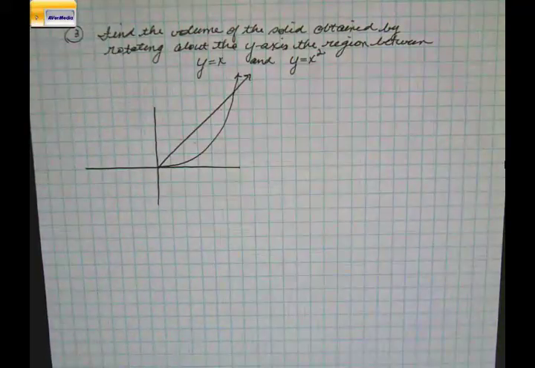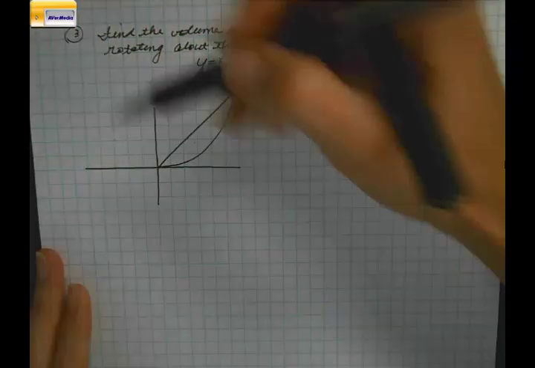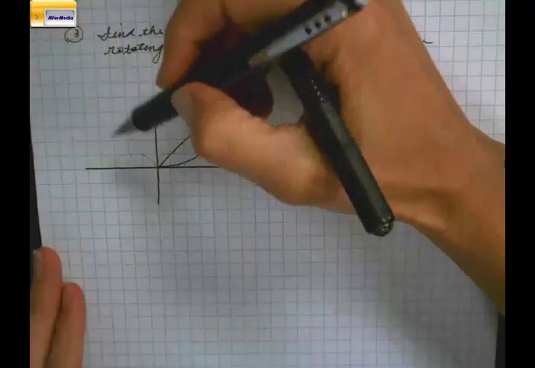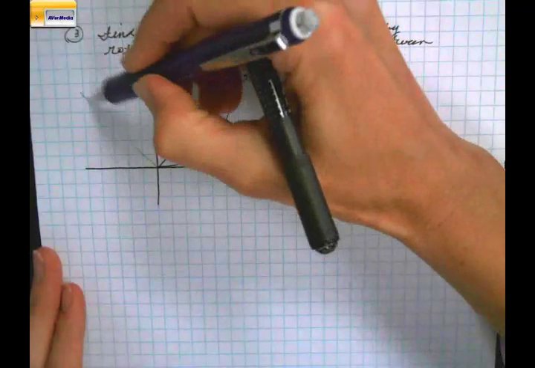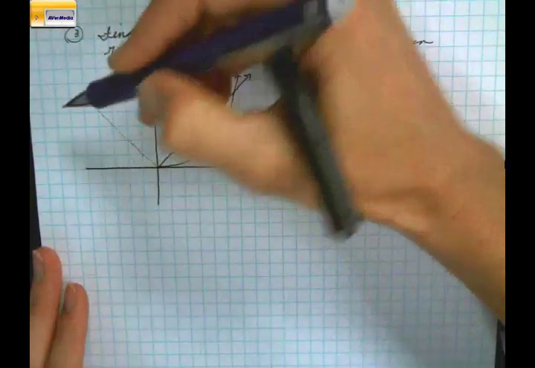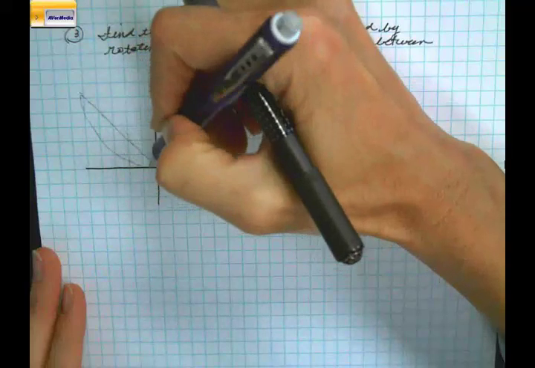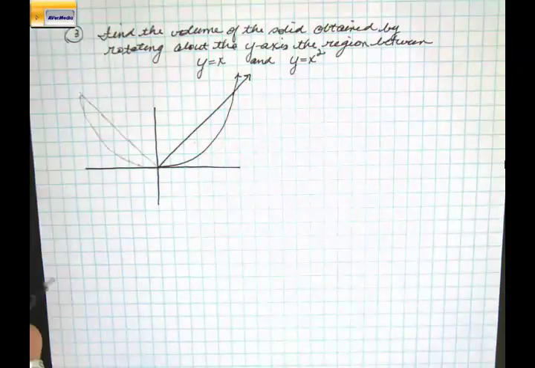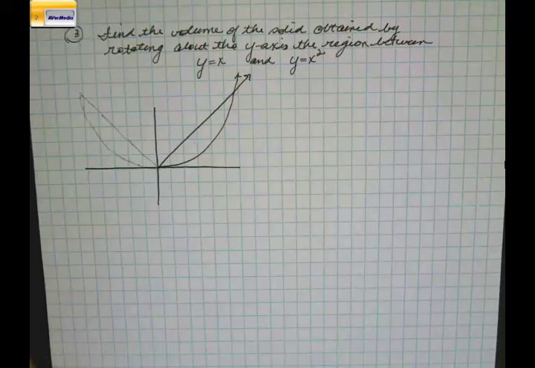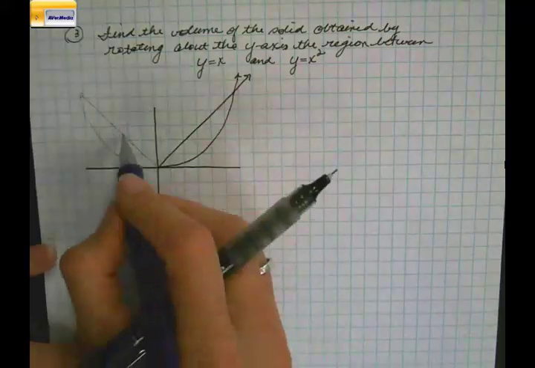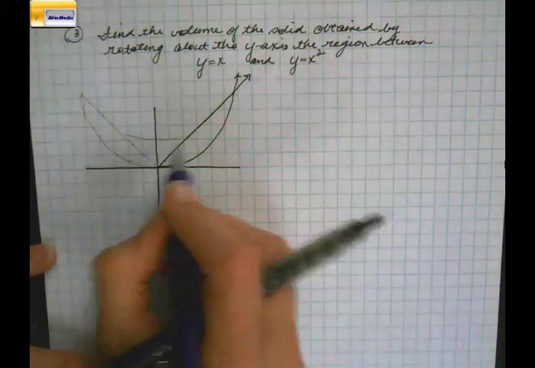We're going to spin it around the y-axis. So when we spin it, it's going to look something like that. So here's your spin vision.